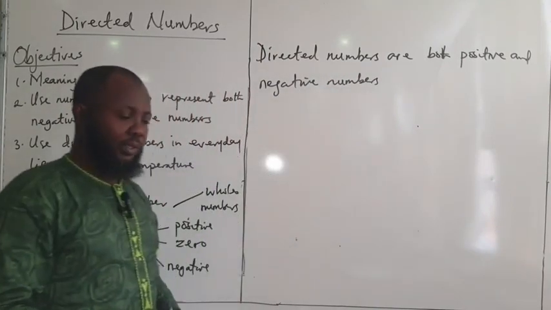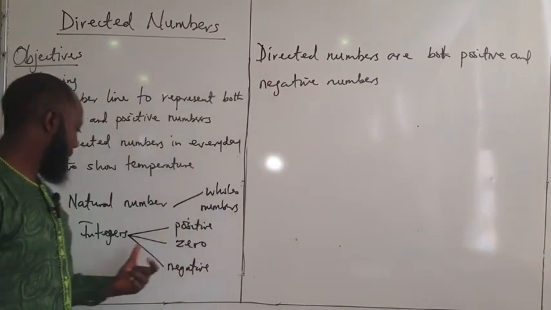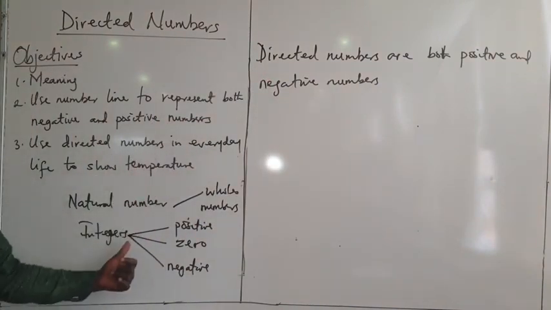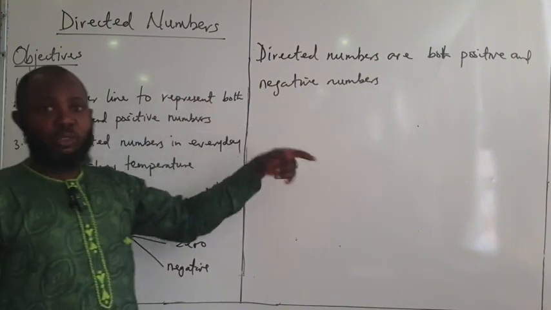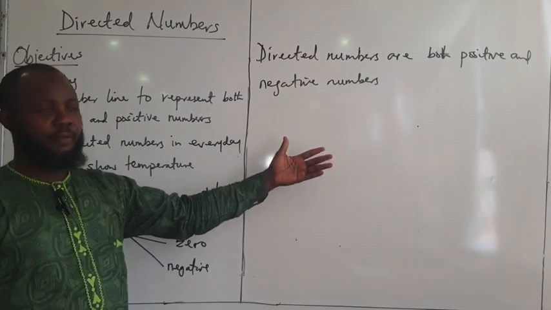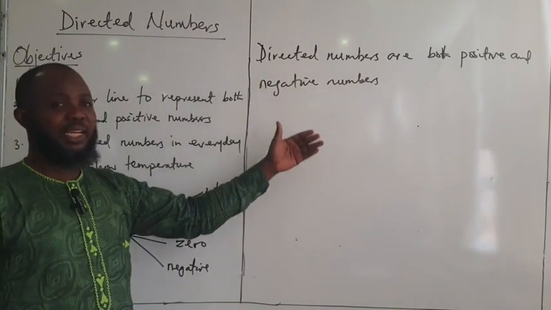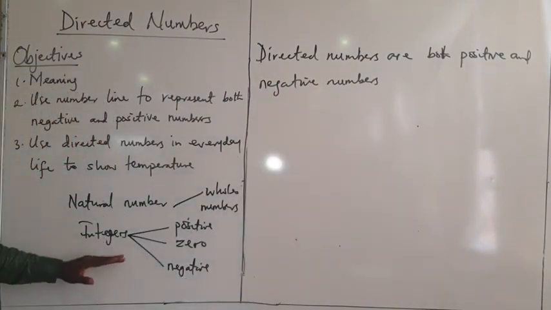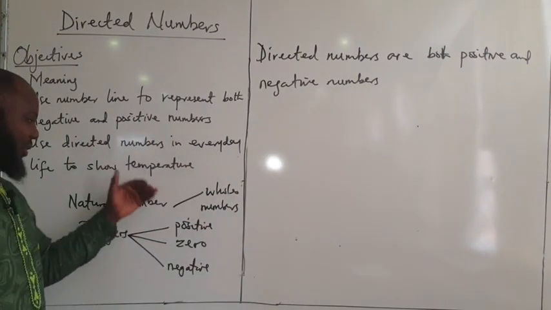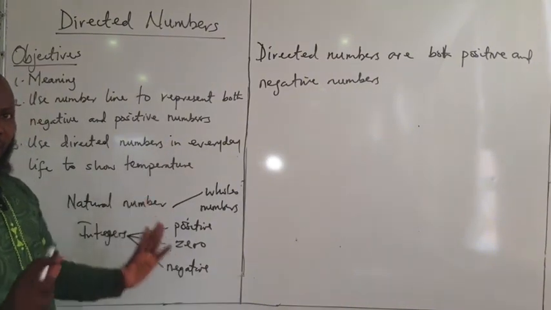So they are not the same thing. Directed numbers are not the same thing as integers, because integers are whole numbers, and part of directed numbers we can have decimals. By the time we start, you will understand it better. So directed numbers are both positive and negative numbers, while integers are both positive and negative whole numbers, including 0. All that is very clear.